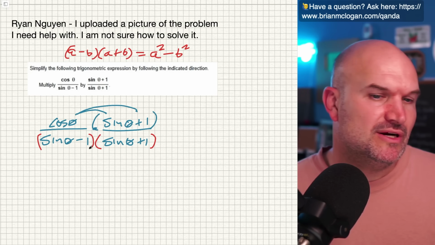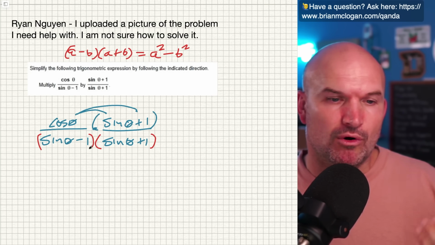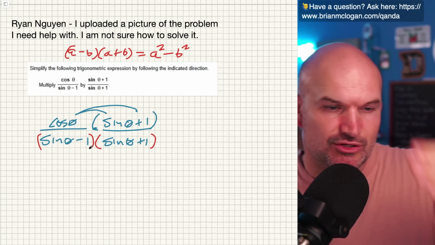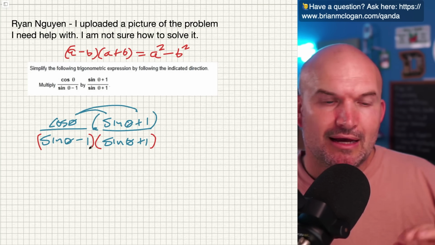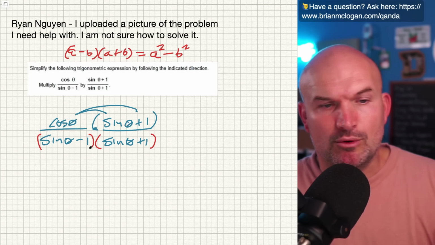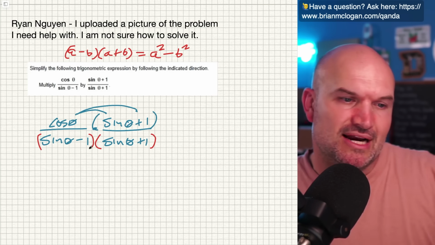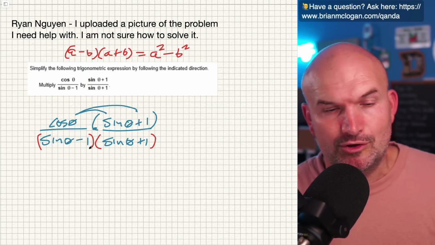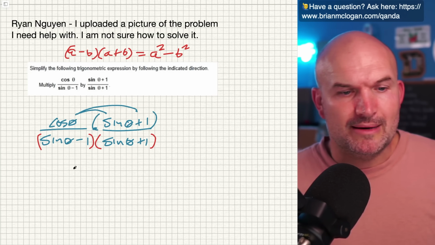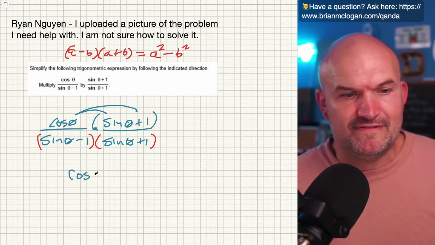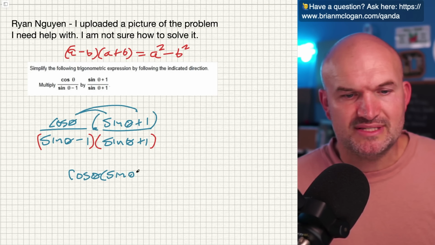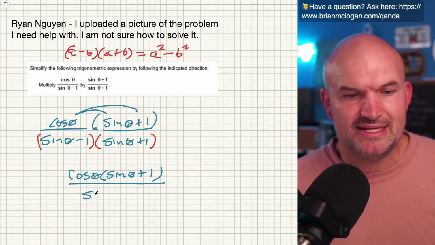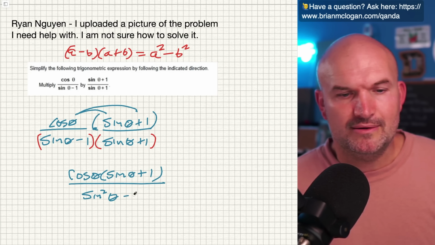I just know through experience I want to look for sine of theta plus 1 or cosine to be in the denominator so I can divide out. If I multiply it out, I'll have to factor it, and that's kind of annoying. So I'm going to leave it in factored form: cosine of theta times sine of theta plus 1, and my denominator is sine squared of theta minus 1.